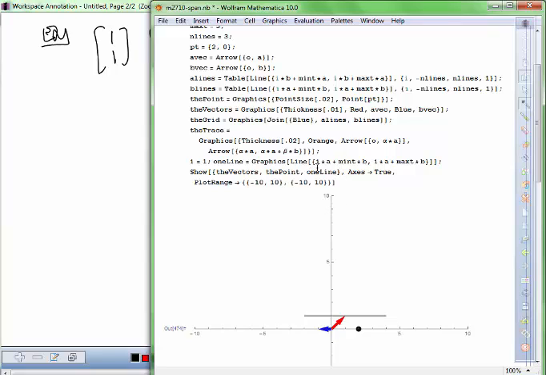Line goes from... This is going to ruin everything. This is going to ruin everything.